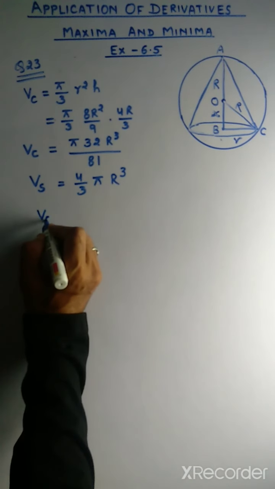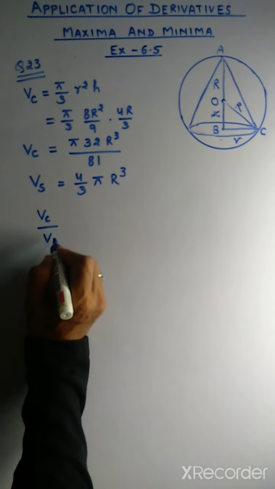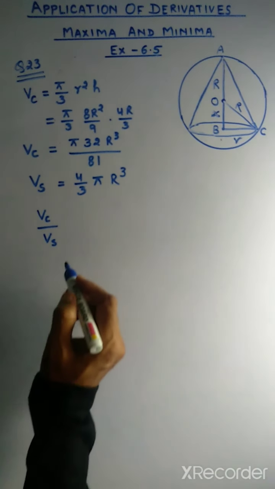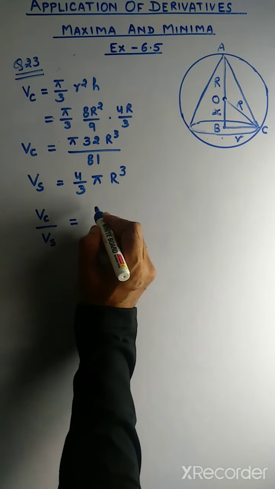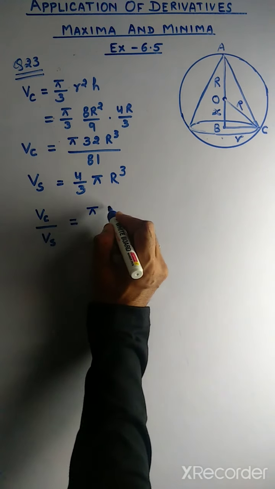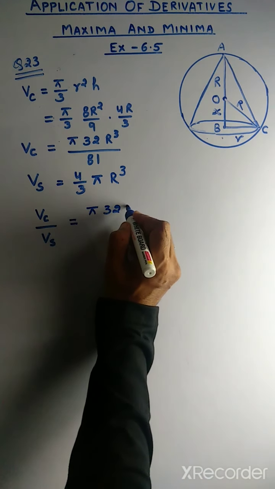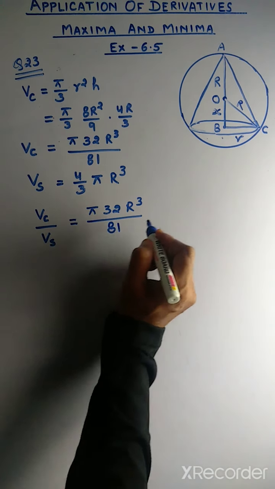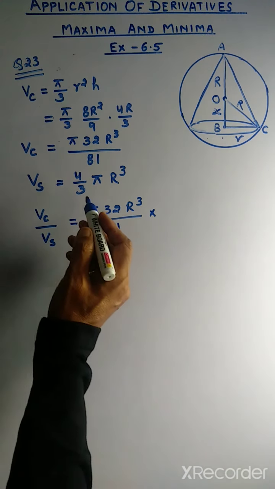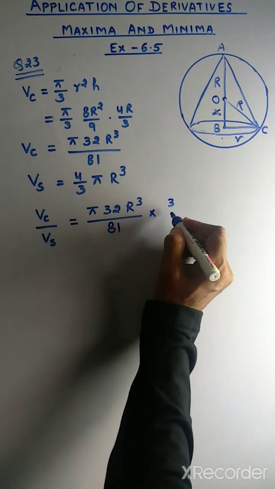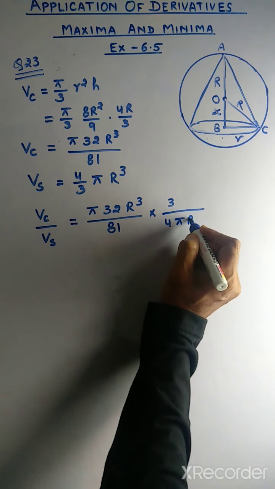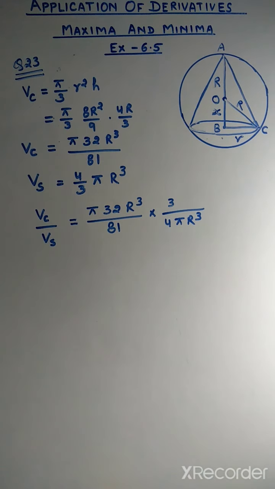Now if we divide the volume of the cone by the volume of the sphere, the right hand side will be pi 32 R cube upon 81 into the reciprocal of this, 3 upon 4 pi R cube.